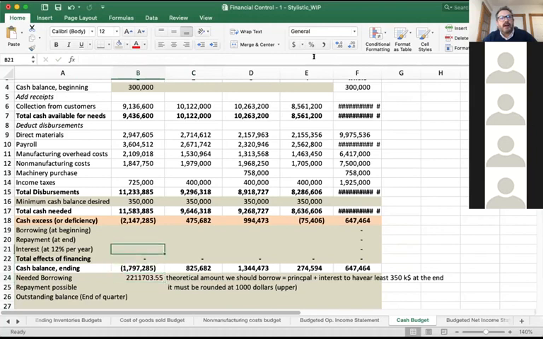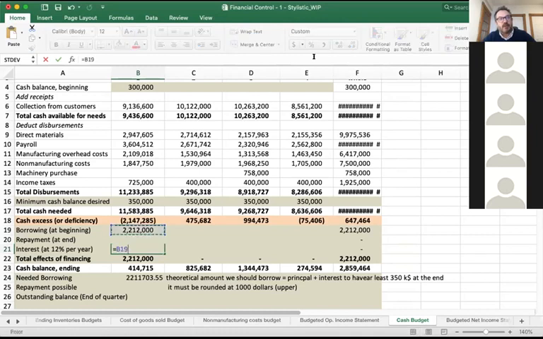So this is why I said that here we should say 2,212. And do not forget that interest must be paid here. So it's this amount.